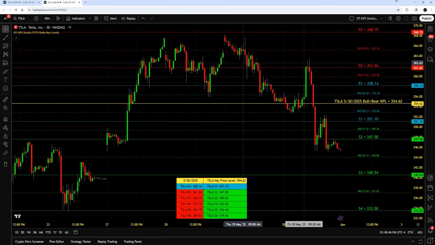And as you can see here, we have this area up here from the previous days, which is between R2 and R3. And we also have this area down here, which is S1 to S2 and almost to the mid S2, S3 level from Tuesday.